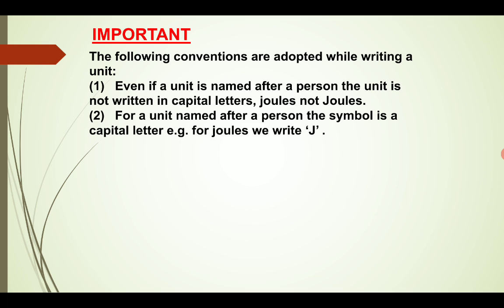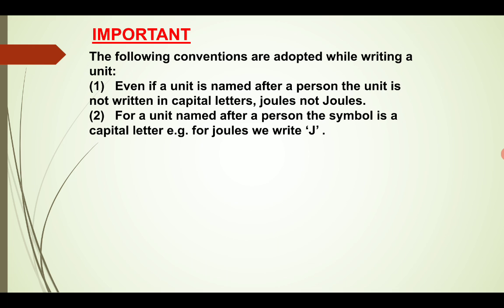In that case, the unit for work done will be joule, and if we write the unit in terms of newton and meter, the unit will be capital N and the displacement in meter. So the unit is newton meter, but N is capital, and m, for meter, is small.